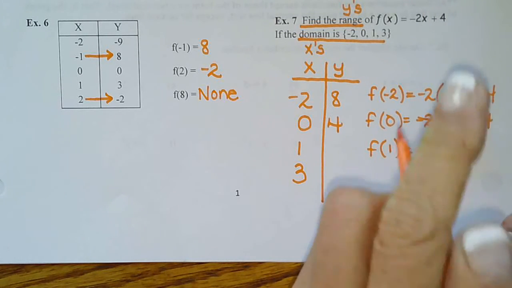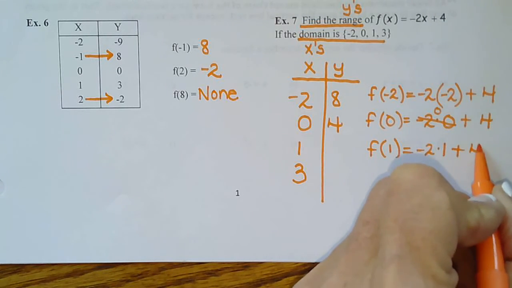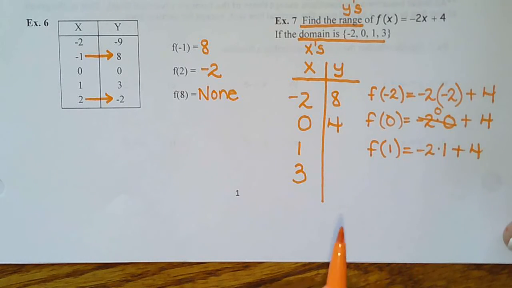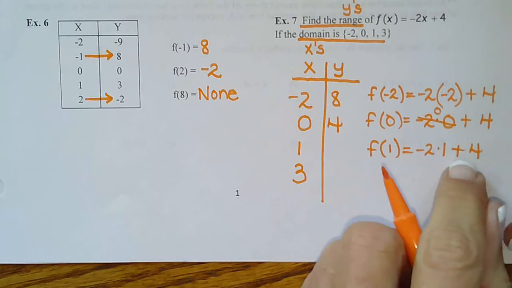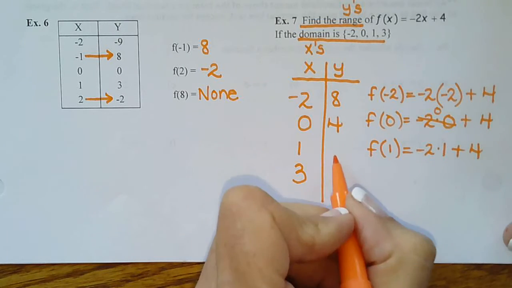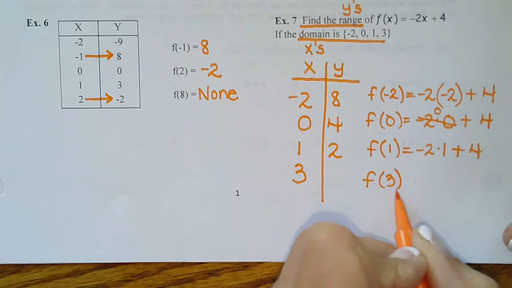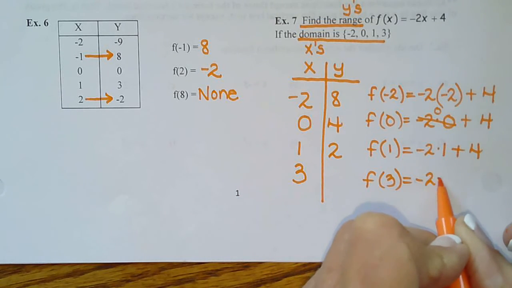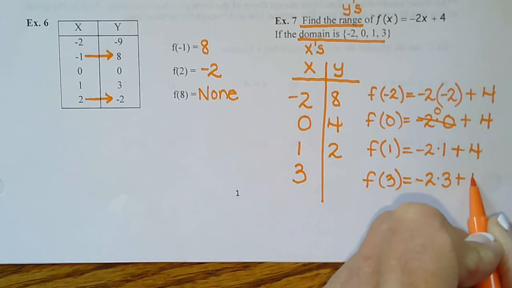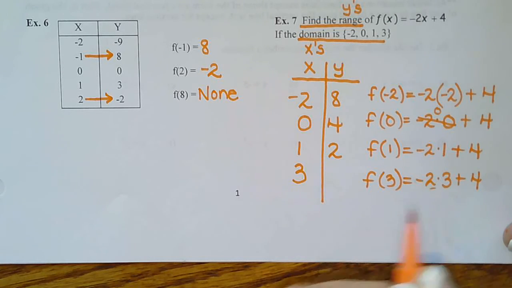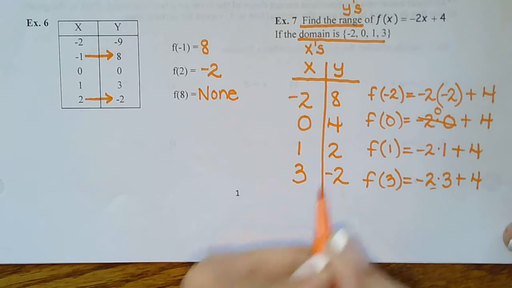Again, I'm not inputting a negative, so I don't need parentheses. It's not wrong to put them in. You just don't need them. -2 plus 4 is 4 minus 2, which is 2. And then last, f of 3 is -2 times 3 plus 4. So -6, positive 4 would be -2.